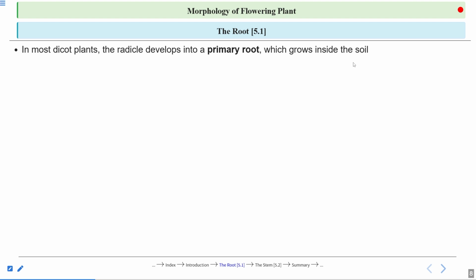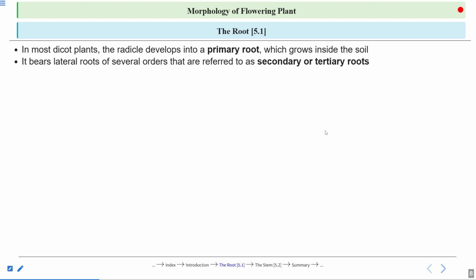So in the case of dicot, the radicle forms the primary root, whereas in the case of monocot, the radicle initially forms the root, but later on, once the plant gets established, the root degenerates and many roots emerge from the base of the plant.